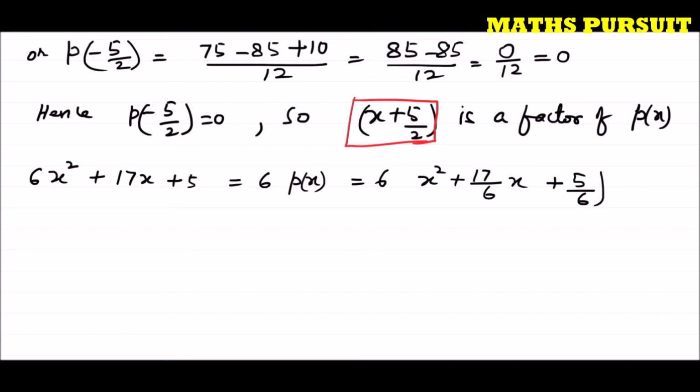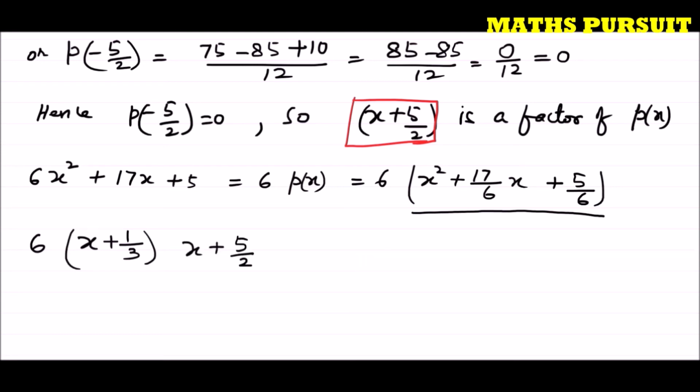Now we got the two factors of this value. So I can write the original equation as 6 into (x plus 1 upon 3) into (x plus 5 upon 2). If we solve this, definitely we will get the original quadratic equation.